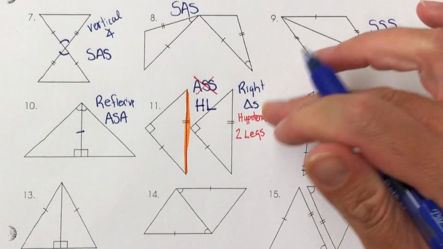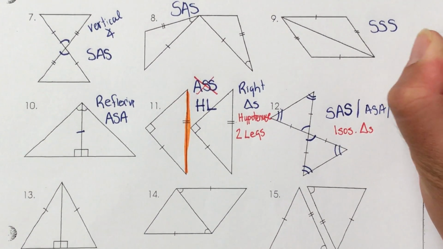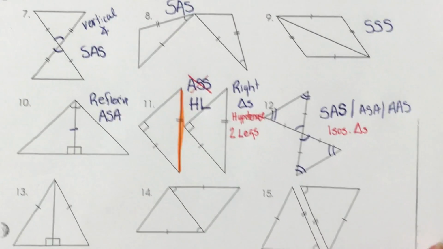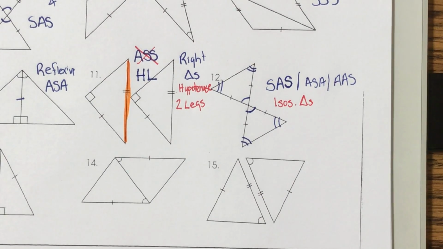You could have also used angle, angle, side. But might as well just stick to the basic on this one and use side, angle, side congruency.